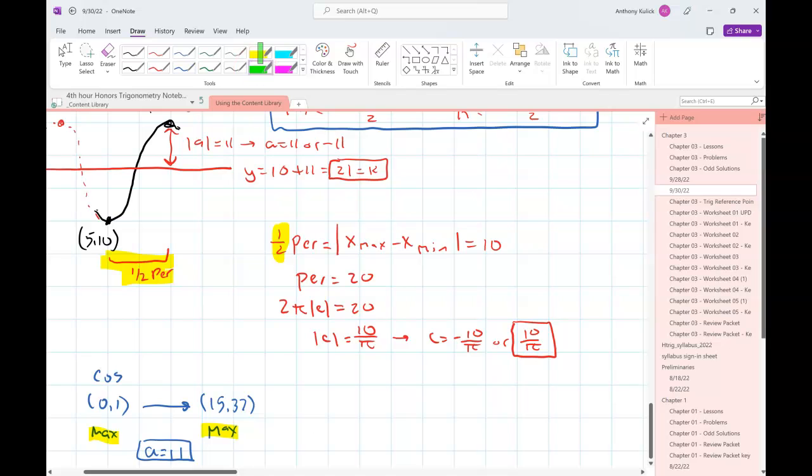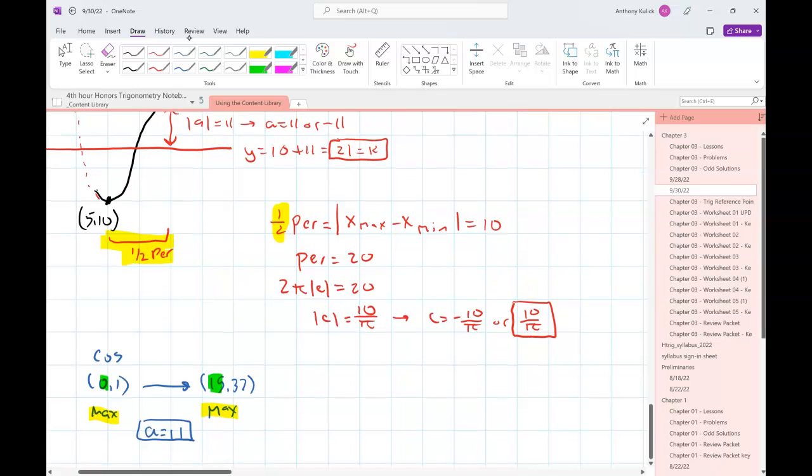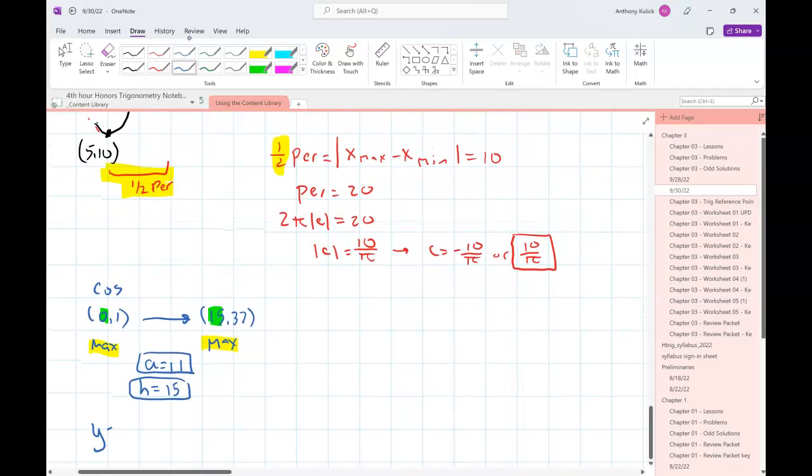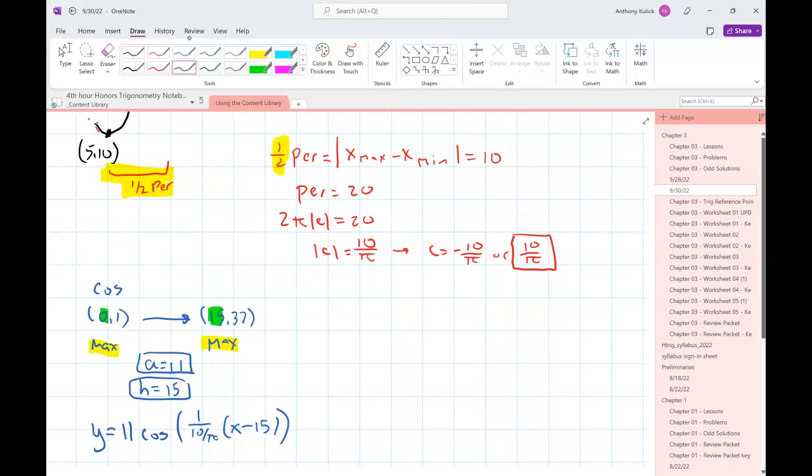And because my parent function x coordinate is 0, what does that tell me my H is? 15. So I can say y equals 11 times cosine of 1 over 10 over pi times x minus 15 plus 21.